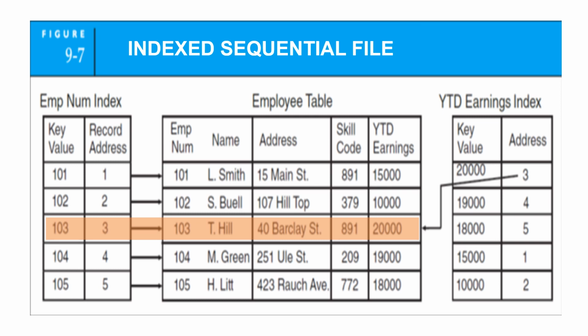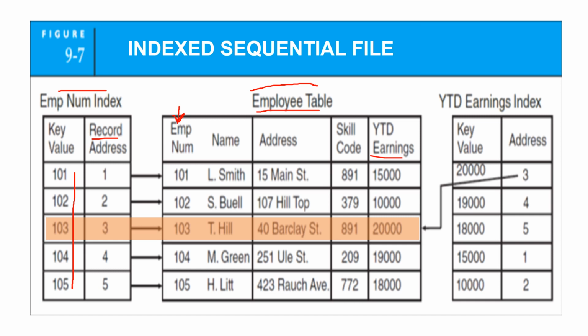So for example, in this table we have no sequential value. The key value here is the number of the transaction, let's say, and here is the record address 1, 2, 3, 4, 5. Then the employee table is showing the employee number, name, address, skill code, and the earnings.